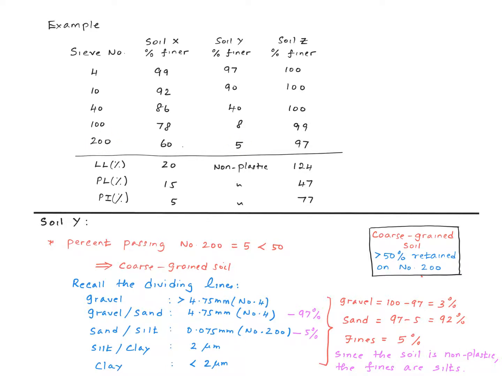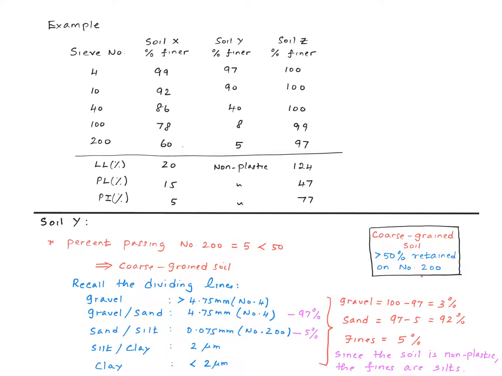Therefore, the percentage of gravel in the soil is 100 minus 97, which is 3%. Percentage of sand is 97 minus 5, which is 92%. And the amount of fines in the soil is 5%.